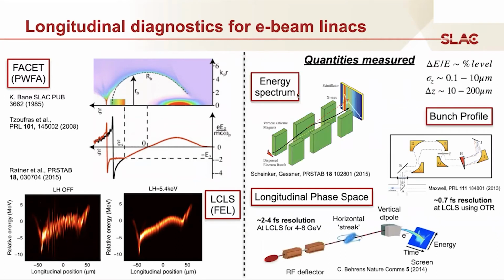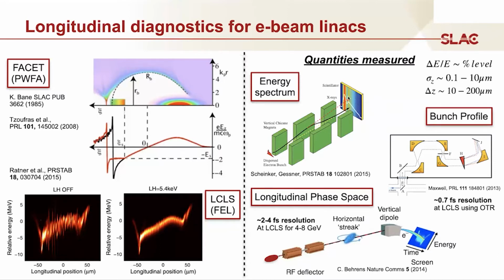As for the quantities measured at FACET, typically there wasn't a full two-dimensional longitudinal phase space measurement, but rather two separate measurements of the projections of the longitudinal phase space. One is an energy spectrum measurement, which takes the dispersed electron bunch inside of a bunch compressor and sends it through a small wiggler to generate X-rays.